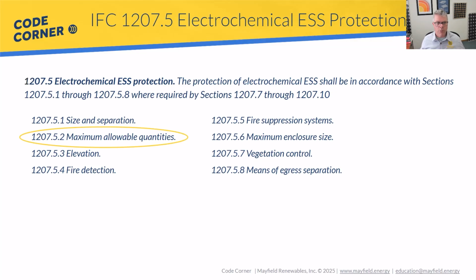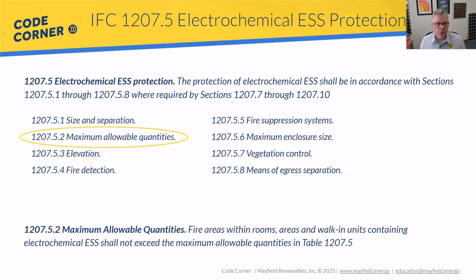We have maximum allowable quantities, and this is really an important area of the code that you need to apply and understand in order to make sure that you are installing your systems properly, and that there aren't potential issues down the line if there are ever any fire events, whether or not they are related to the energy storage systems. It's important to have these baseline rules established and that we're complying with.